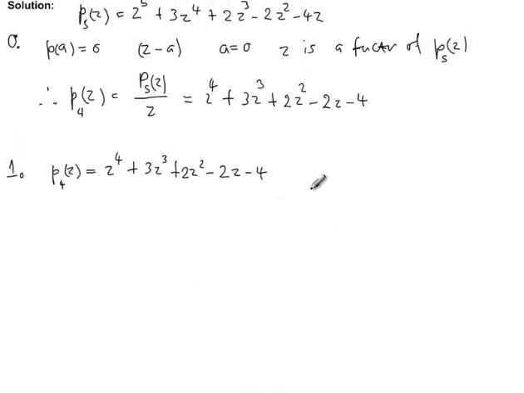Now, possible zeros here. Let's write here, possible zeros are factors of minus 4.